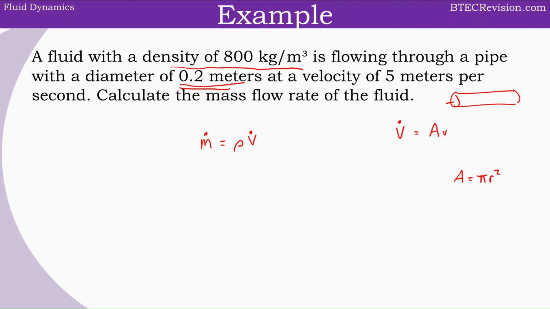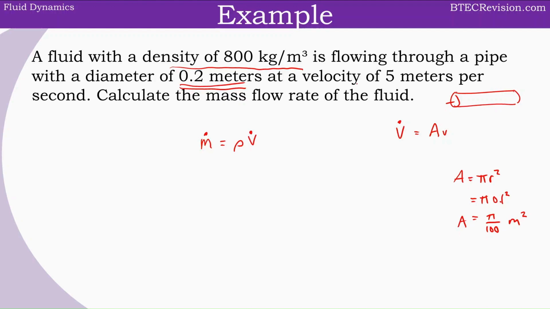We know the diameter is 0.2, so the radius is 0.1. So that's 0.1 squared times pi. We'll just leave it as pi over 100. And the unit for that is meters squared. So that's fine, we leave that as it is.